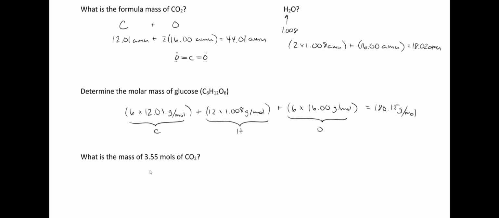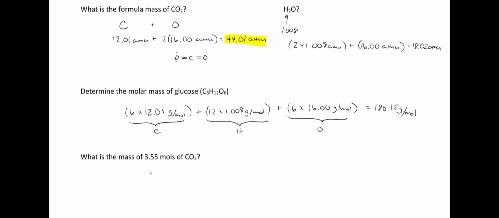So switching over here to our notes sheet, we want to find the mass of 3.55 moles of carbon dioxide. And you'll notice that we already calculated the value for carbon dioxide there for the mass of an individual molecule.